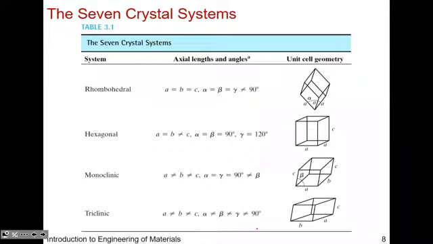I wanted to clarify why the hexagonal unit cell looks the way it does.